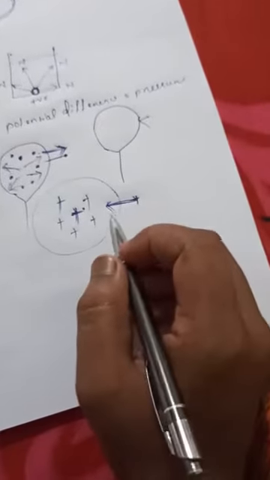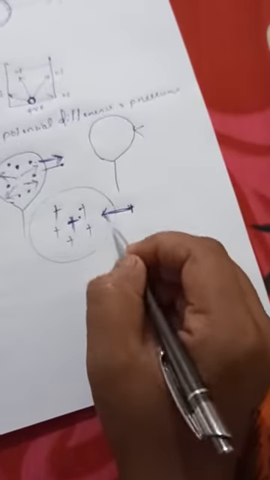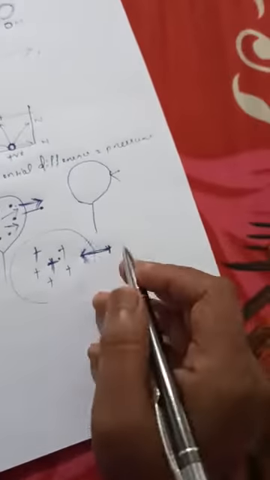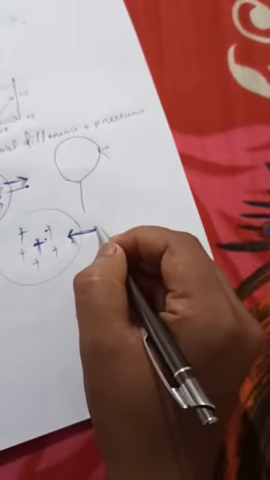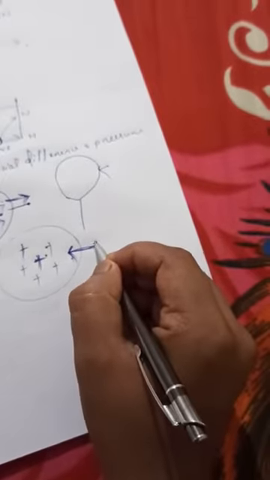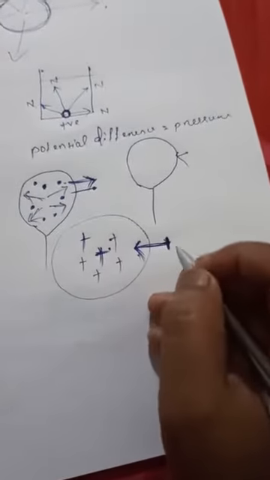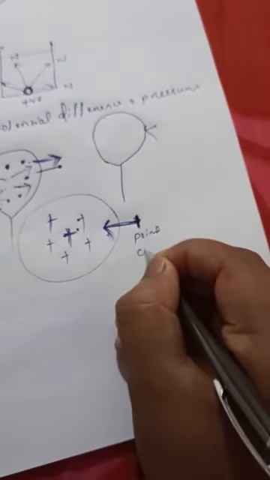Similarly, we can define the potential difference as the amount of work done applied on a single positive charge, which is called a point charge.